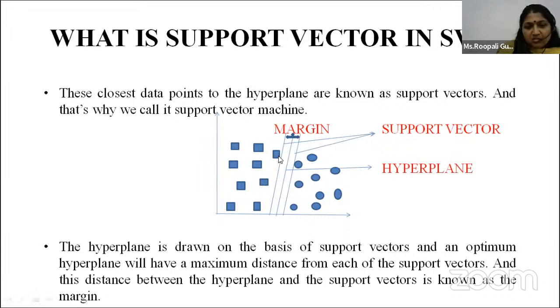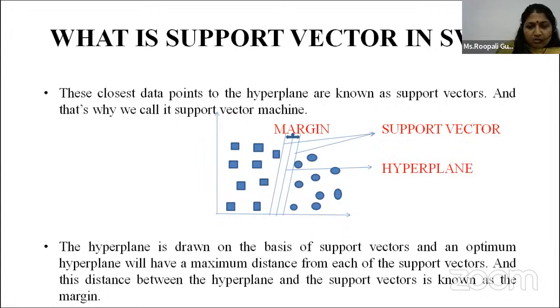So here you can see that we have two classes. One is the square class, another is the circle class, right? Right now I am considering the square class, and the circle class will be acting as the opponent, and the square class will be the considered class, right?